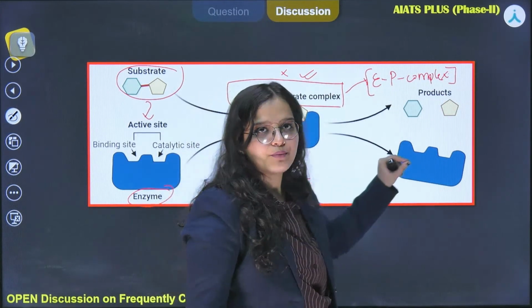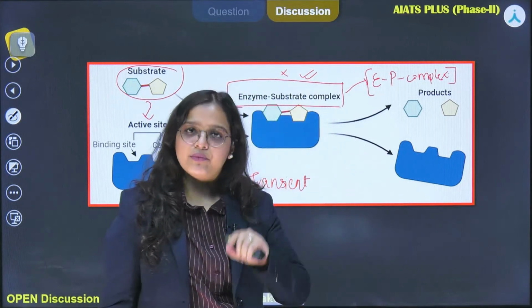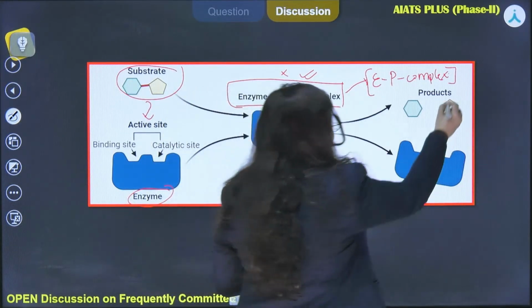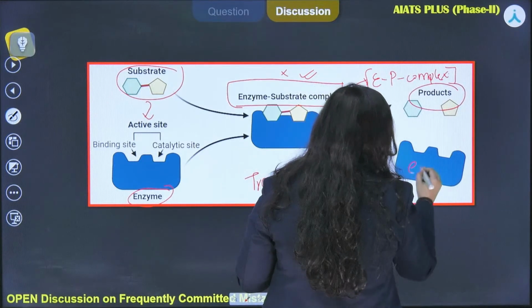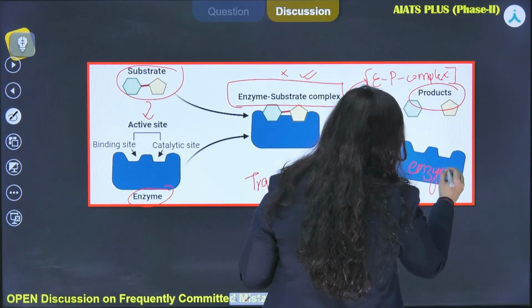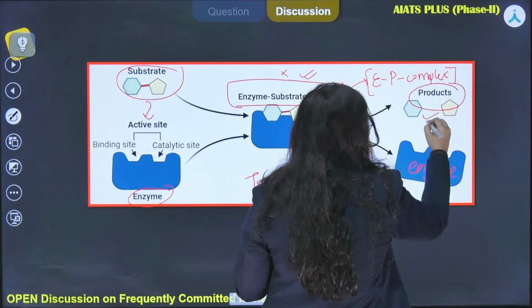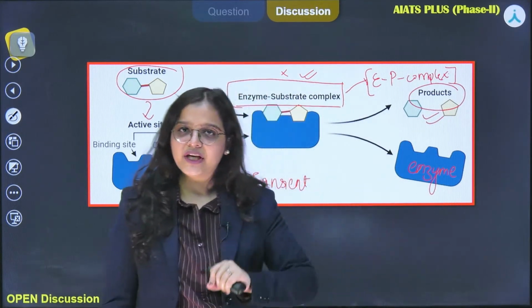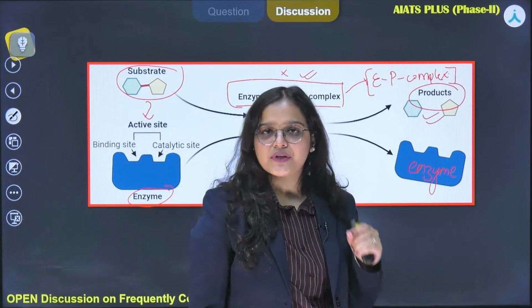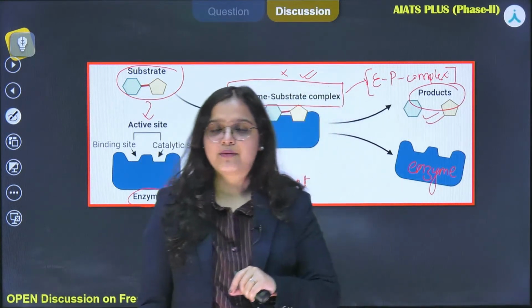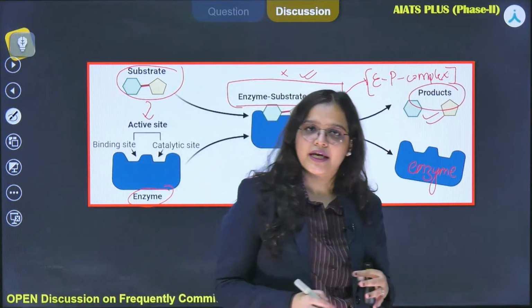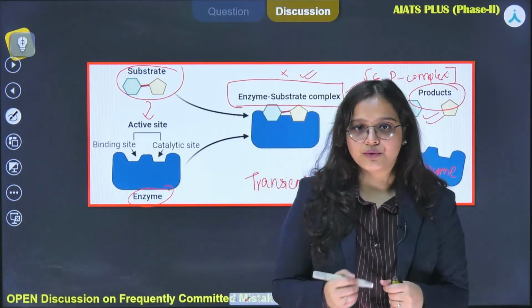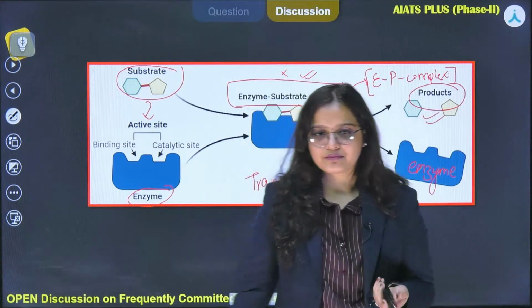From the enzyme product complex there will be further breakage of bonds and the product and the enzyme get separated. Then finally we have our desired product, and our enzyme, which is free again to be used. So in the end of the reaction the enzyme becomes free and can be reused.